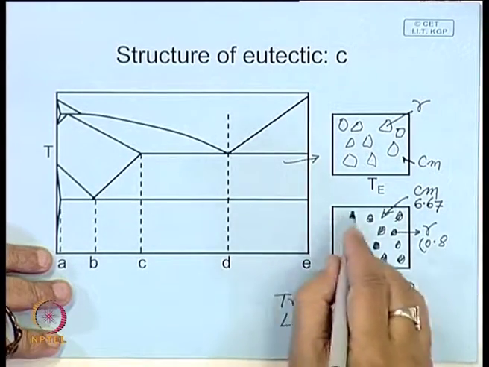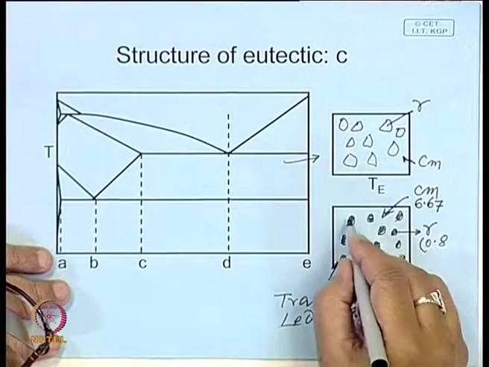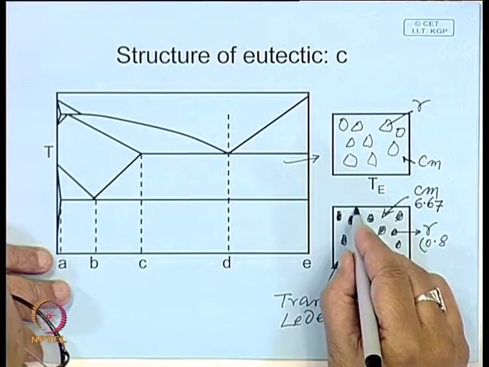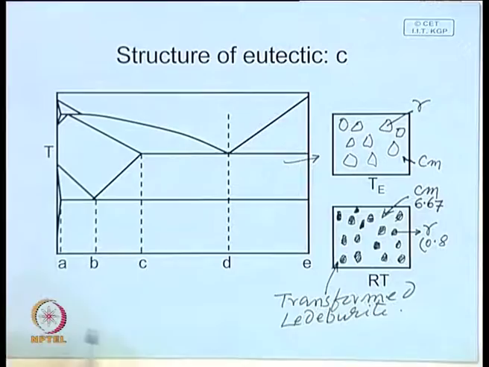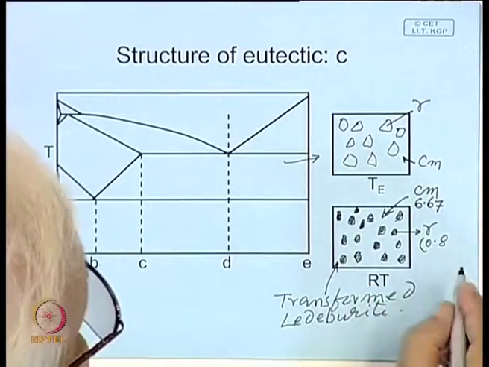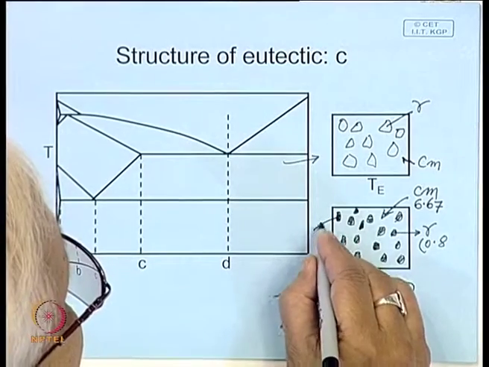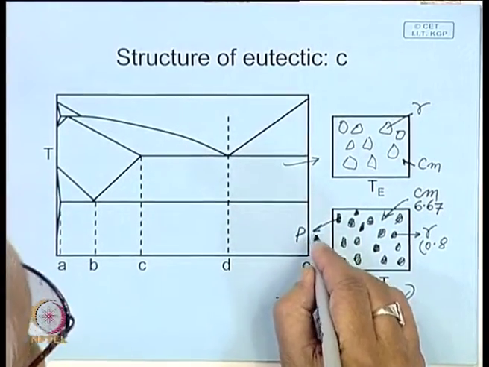So, what you will really have, in this microstructure, are some areas which will appear like an intimate mixture. You will have pearlitic regions which will be surrounded by cementite. And each of these, which was earlier austenite, will be pearlite.